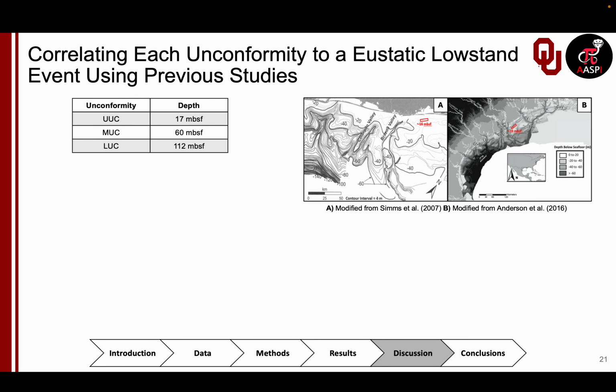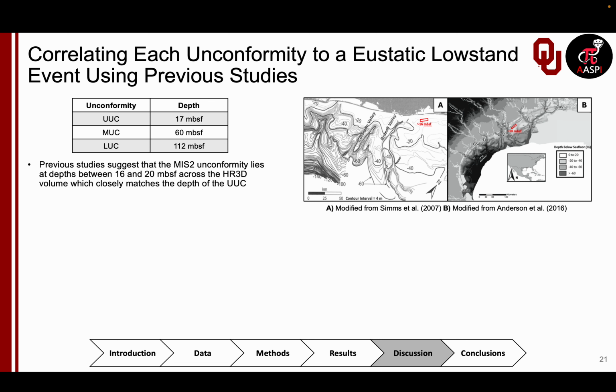So I started first doing some research on the most recent lowstand event, which was the MIS2 lowstand. And I wanted to know if anybody has mapped the MIS2 unconformity regionally across the Gulf of Mexico. And in short, the answer was yes.